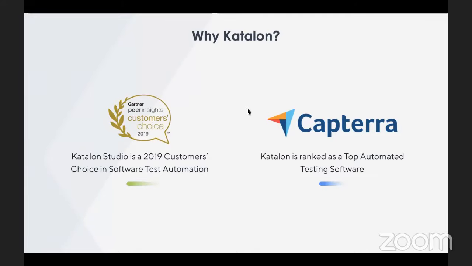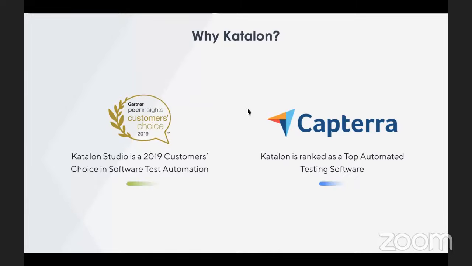First of all, Katalon Studio, our main product, was named the best automation testing software in 2019. This is from Gartner Peer Reviews.